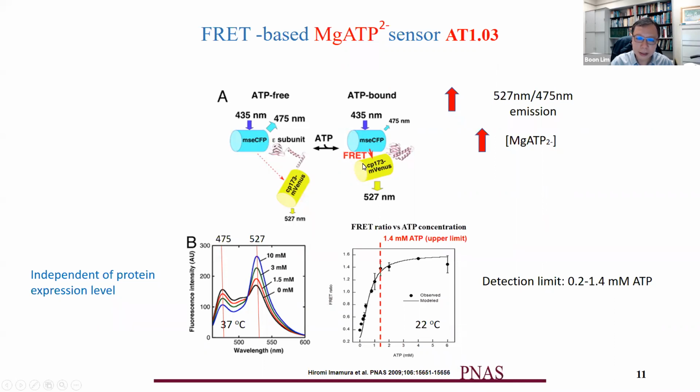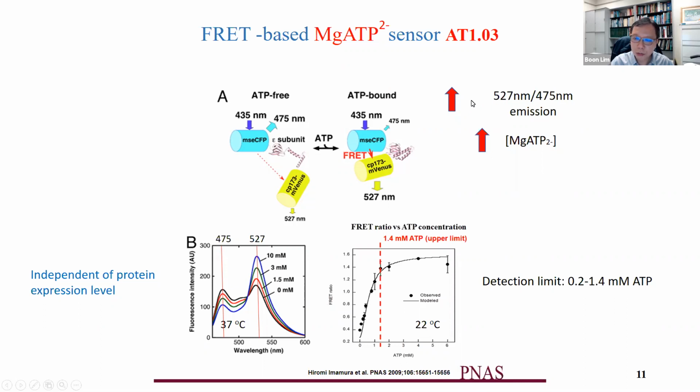So in this case, we can see that the donor can emit at 475, whereas the acceptor can emit at 527. So we can measure the fluorescence emitted at these two wavelengths, and then we can get a ratio.